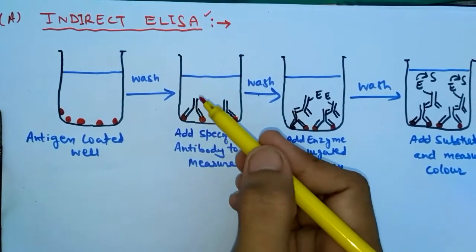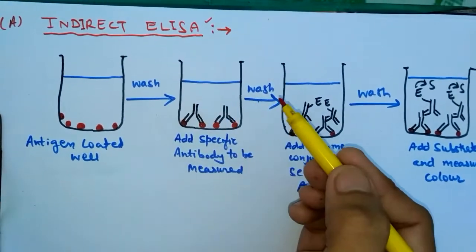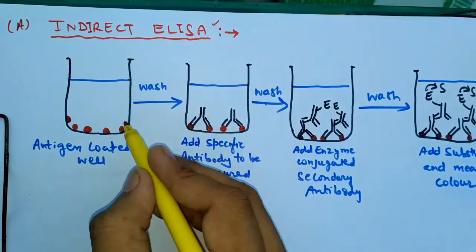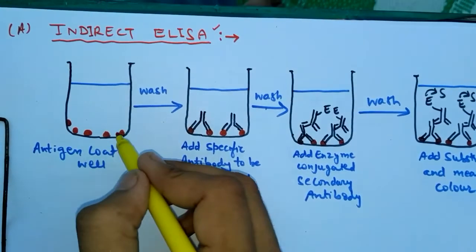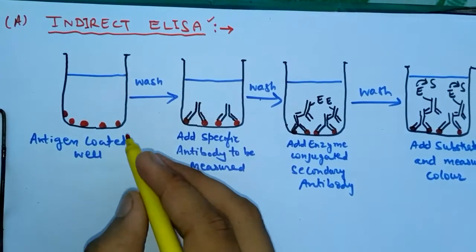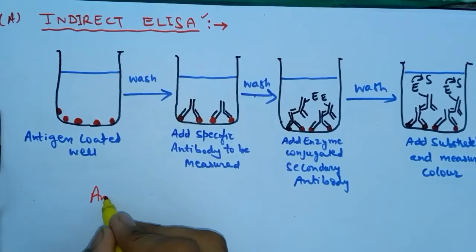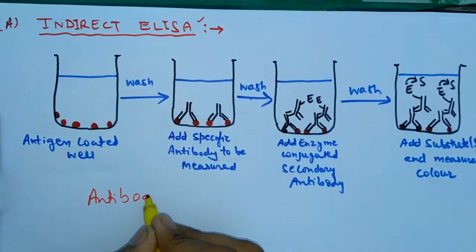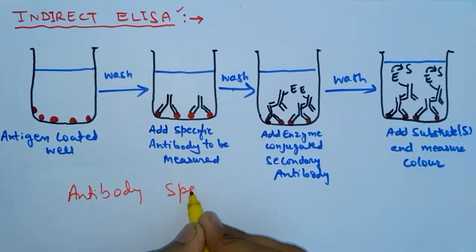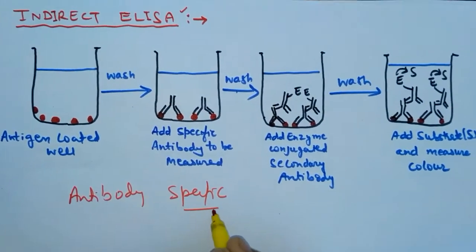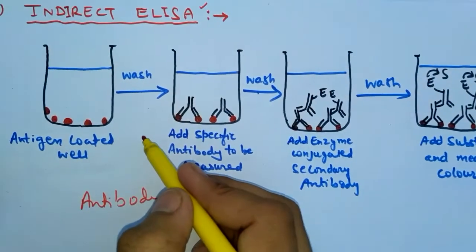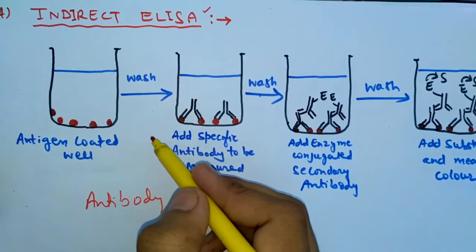They are appropriate to the antibody that is to be detected, and the wells are coated with the antigen. Here we can identify specific antibody, because for the antigen the antibody will be specific.